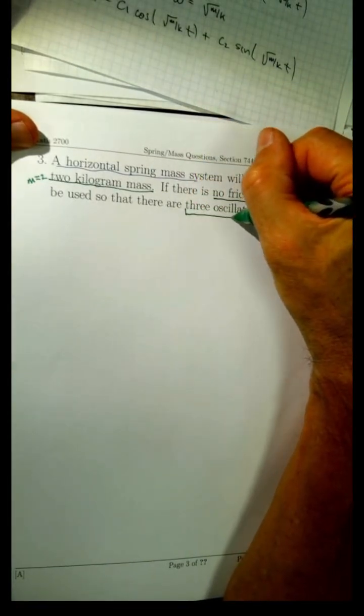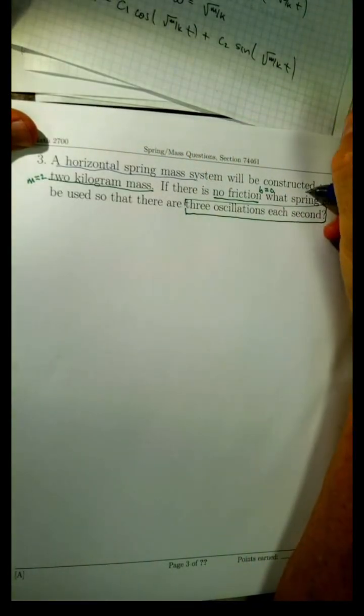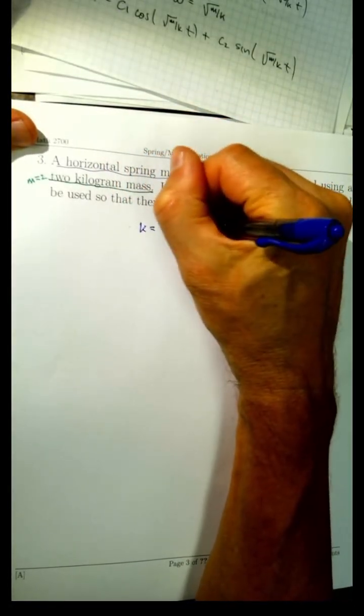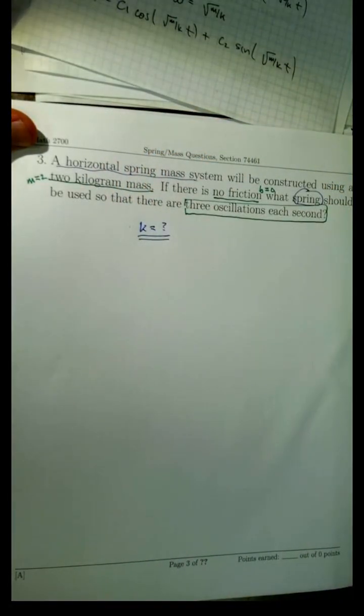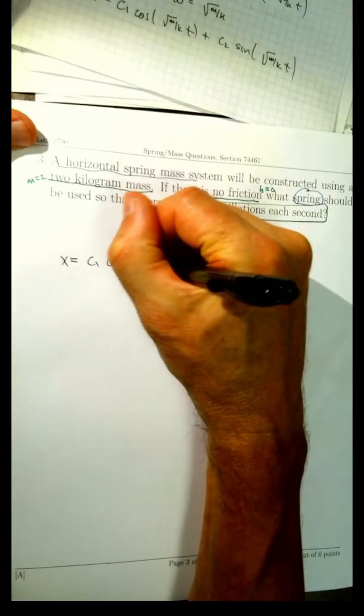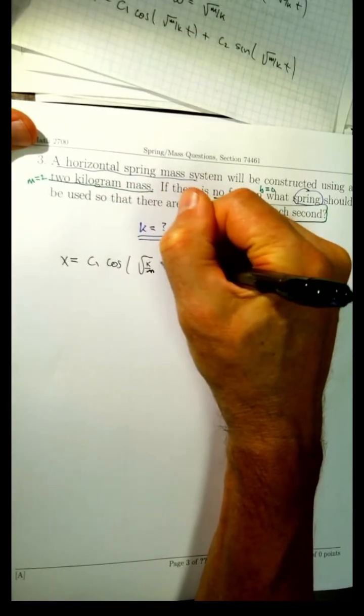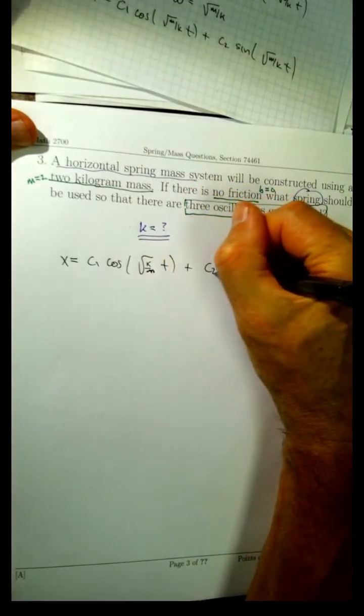And we want there to be 3 oscillations each second. And the question is, what's the spring? So the question is, what value do we use for k? Well, we just showed that our solution looks like this.